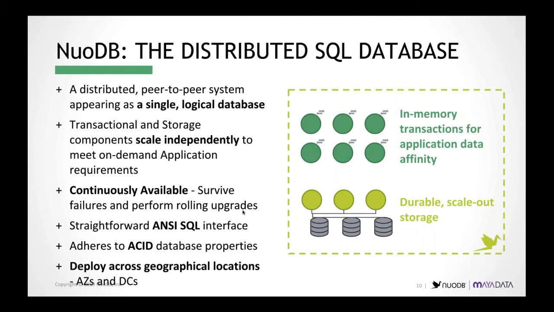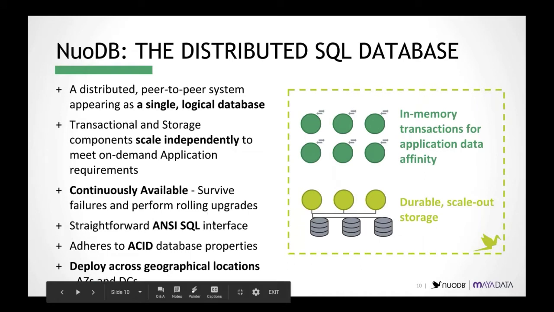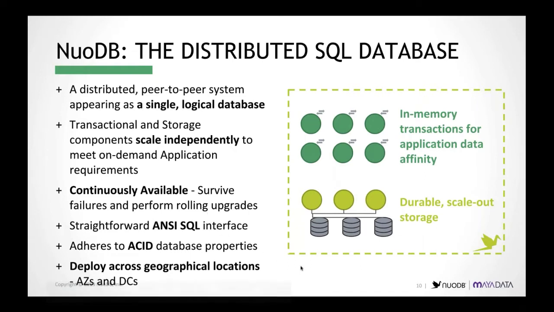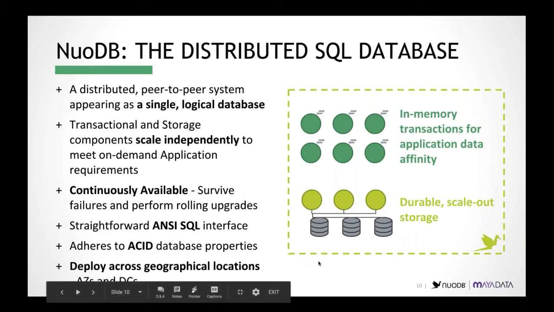It adheres to the ACID database properties and can also deploy geographically in different locations across availability zones and data centers. In today's example, we're going to see NuoDB and OpenEBS running across 2 availability zones in AWS.